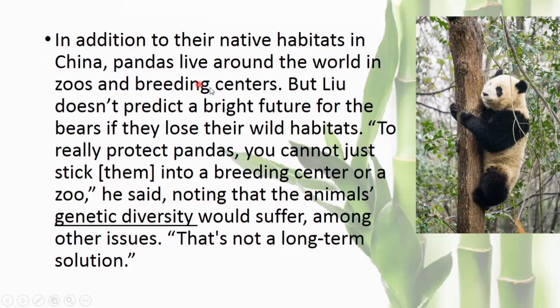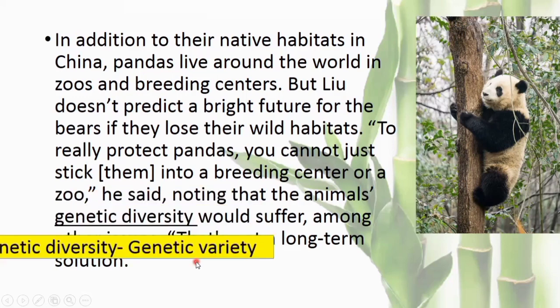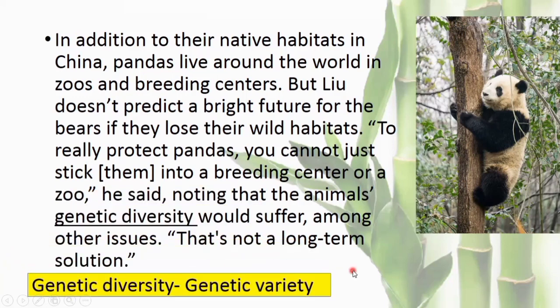Only zoos or breeding centers are not enough, or even not that healthy for them either. To really protect pandas, you cannot just stick them into a breeding center or a zoo, he said, noting that the animal's genetic diversity would suffer. Among other issues, that's not a long term solution. Zoos and breeding centers are not suitable places for wild animals at all.